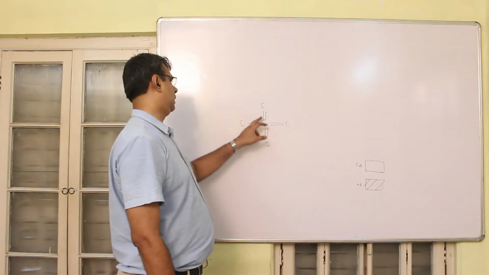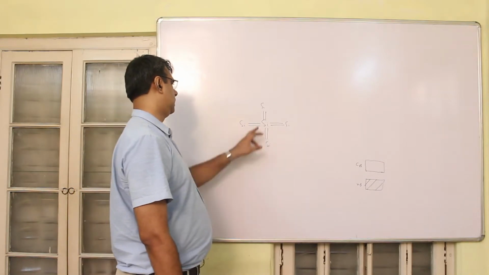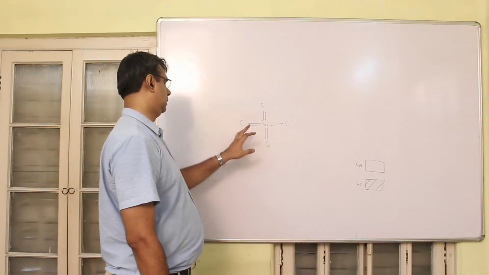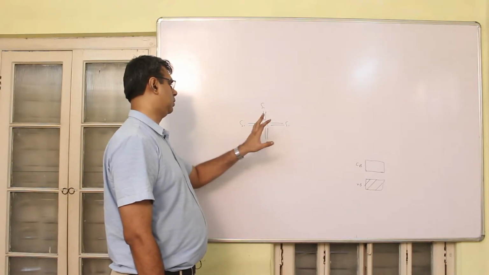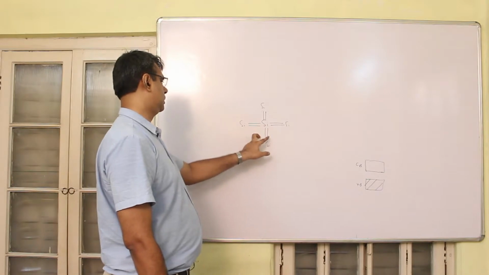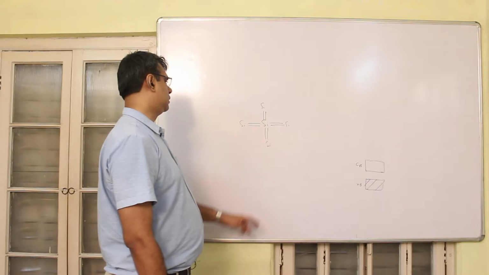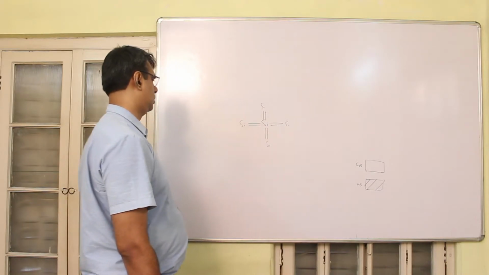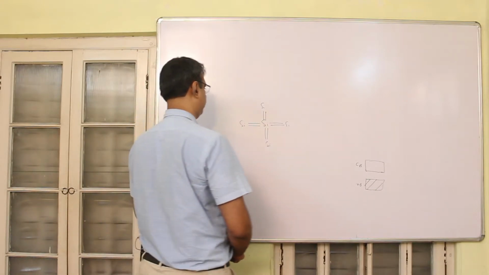So every silicon atom has 4 neighboring silicon atoms, and these are the covalent bonds between the two. Like between these two, this is a covalent bond. Between these two, this is a covalent bond. Between these two, this is a bond, like that. Now in each bond, I have shown 2 lines. These 2 lines stand for 2 electrons.